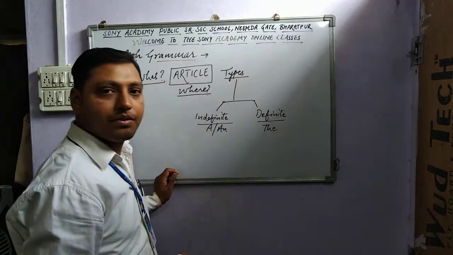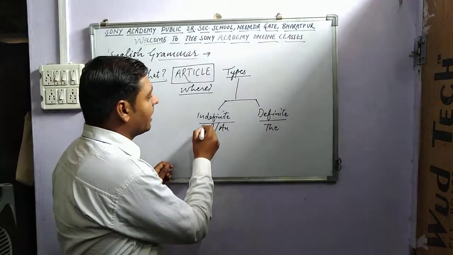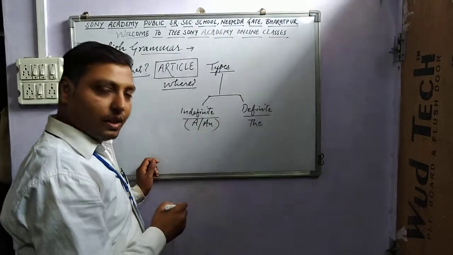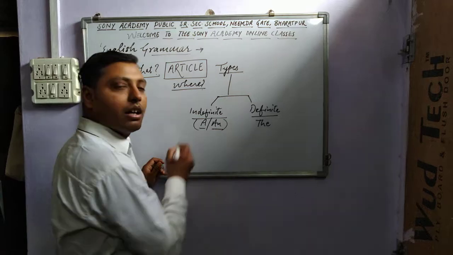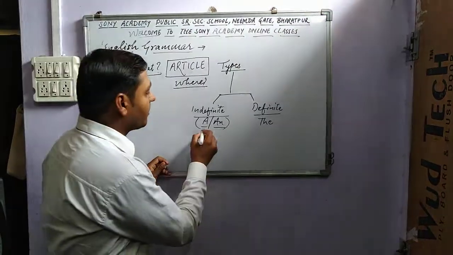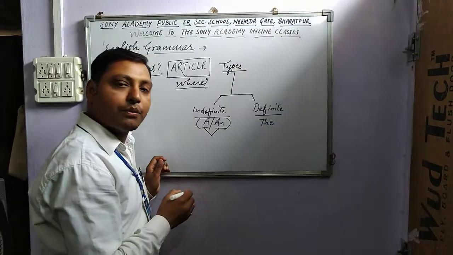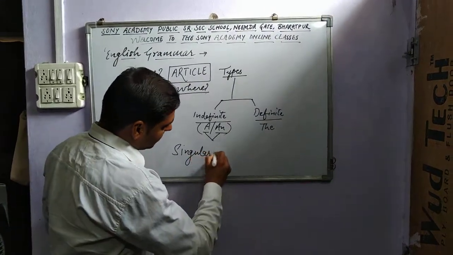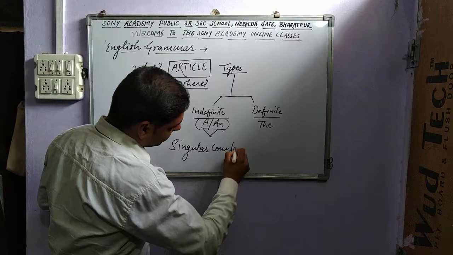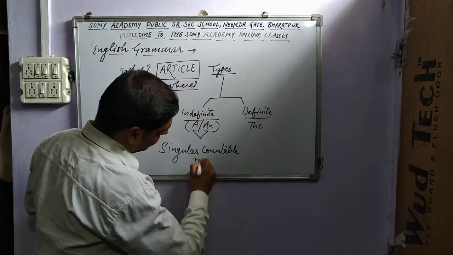The is the definite article. In the previous class, we learned about the indefinite articles a and an. Both of these are used before singular, countable nouns.